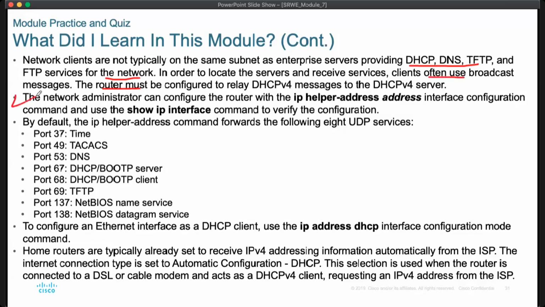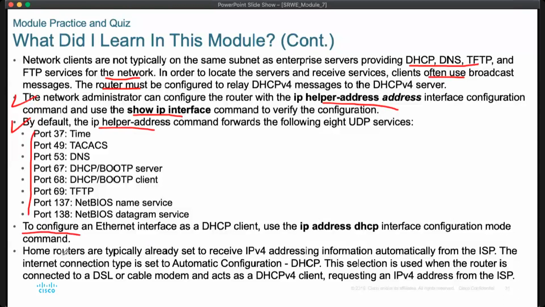So the admin can configure the router with the ip helper-address interface configuration command and use the show ip interface command to verify it. By default, the ip helper-address command forwards the following 8 UDP services. And finally, to configure an Ethernet interface as a DHCP client, use the ip address dhcp interface configuration mode command.